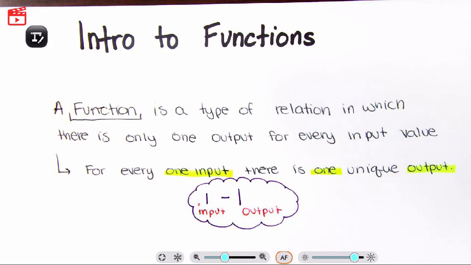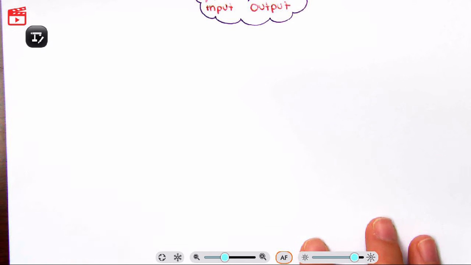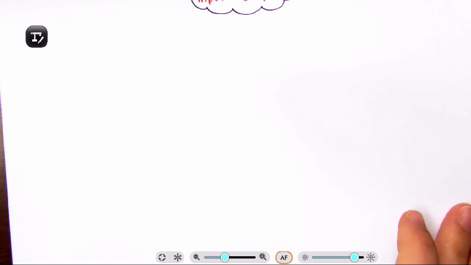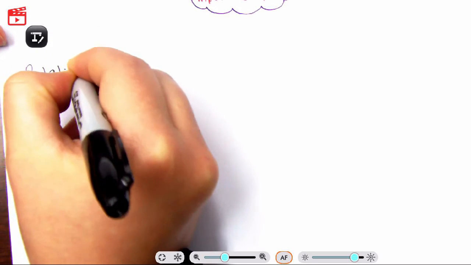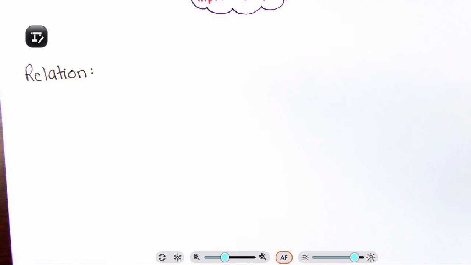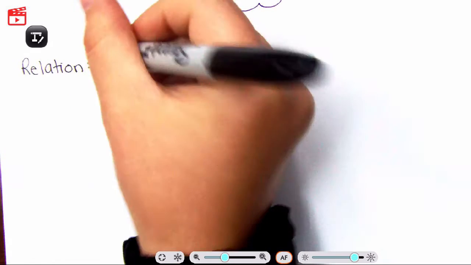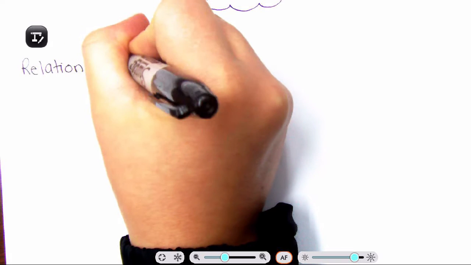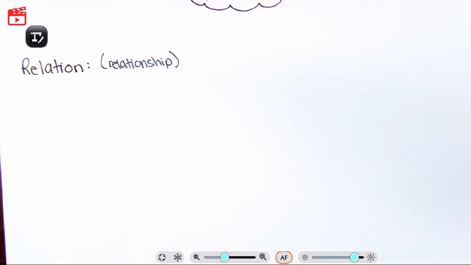But let's first talk about a relationship. When you see two people walking down on your campus in school or down the street, doesn't matter, they have a relation with each other, or what I like to call a relationship. So let's say we're walking down the street.